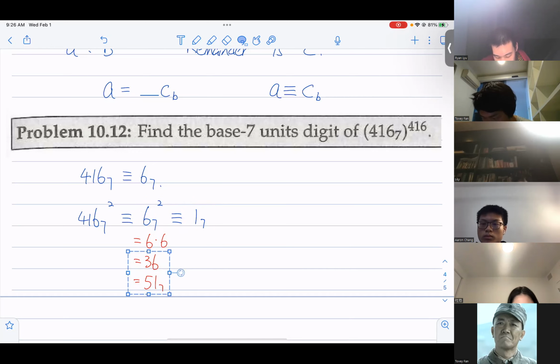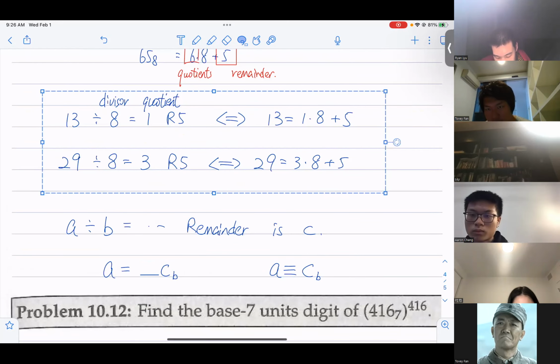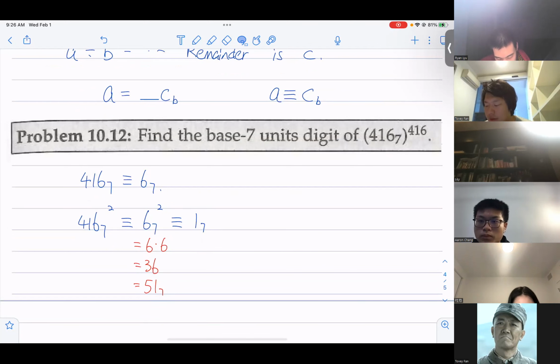Okay, when you are doing this, you are doing the same stuff we mentioned here, right? You do a division, the remainder is this. Okay, you convert a number in base 10 to base 7. You are dividing that number by 7.